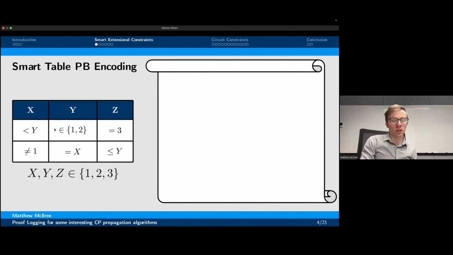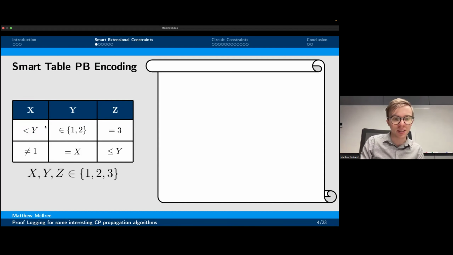So with the smart table constraint, I'm going to show you how we can prove some justifications at the top of search, imagining that we set the domains in a particular way and we made some propagation derivation. So first of all, I'll talk about how we encode the smart table constraint. And we make heavy use of the PB reification that I mentioned briefly in the first half.